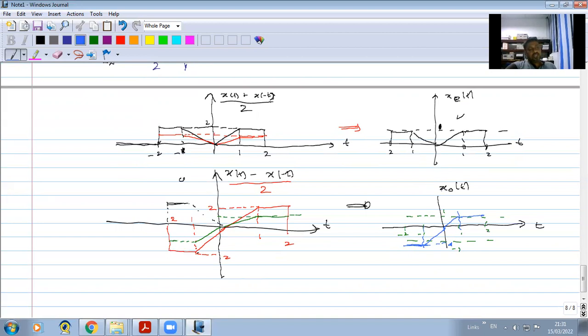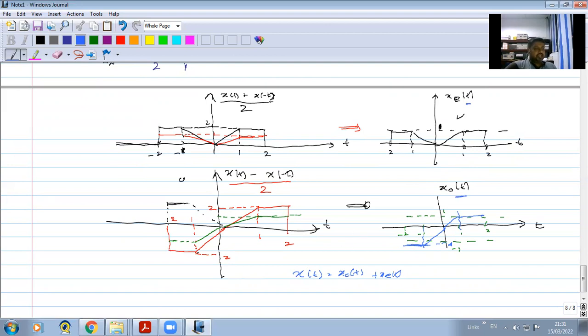So you know that if we add this to the signal, you should be able to get the original signal, because x(t) is equal to x_o(t) plus x_e(t), because this is the even part of the x(t) and this is the odd part of the x(t).